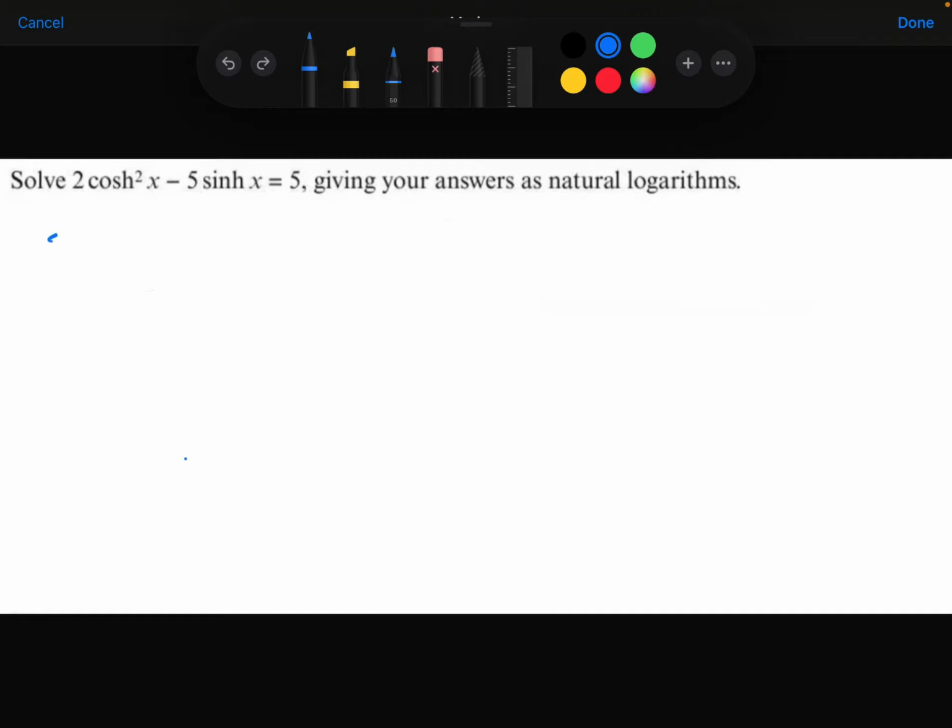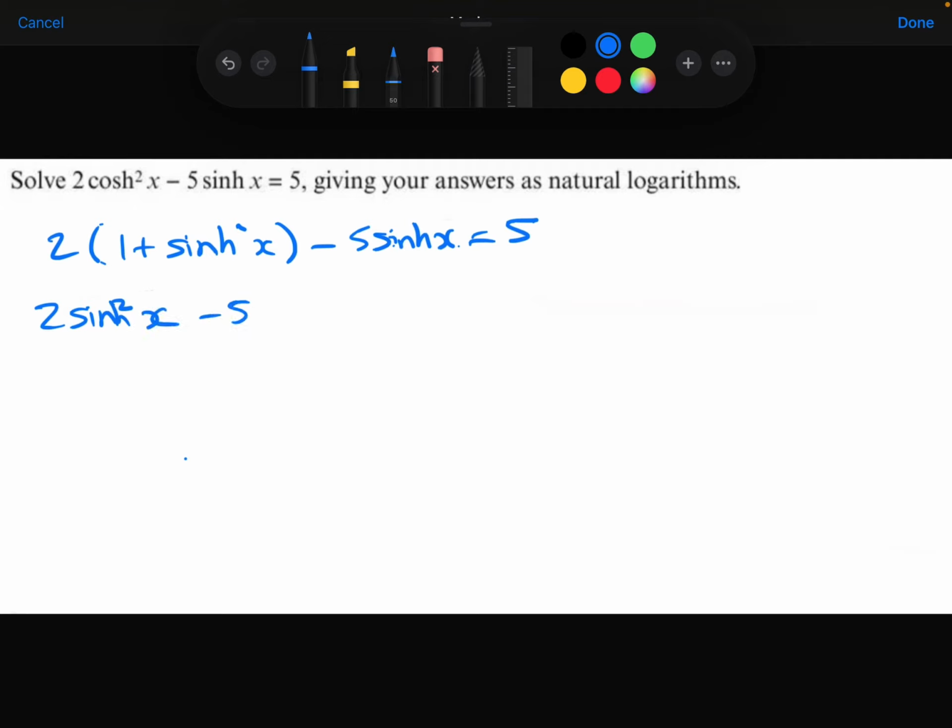Right, okay, so I've got 2 lots of the cosh squared, so 2 lots of the 1 plus sinh squared, minus 5 sinh x equals 5. Expand the brackets and move everything over to one side. I get 2 sinh squared x minus 5 sinh x minus 3 equals 0.